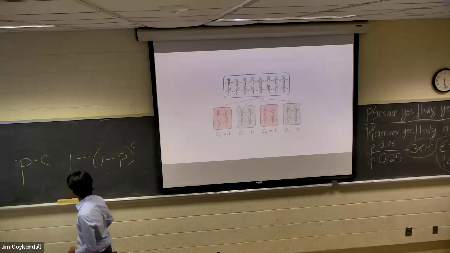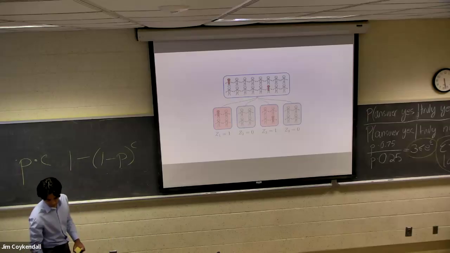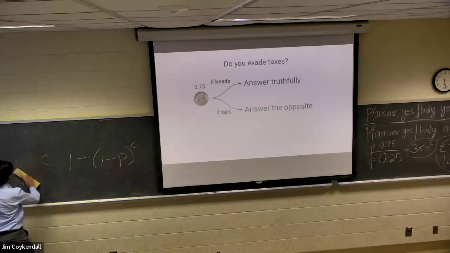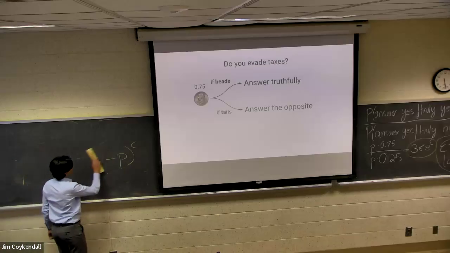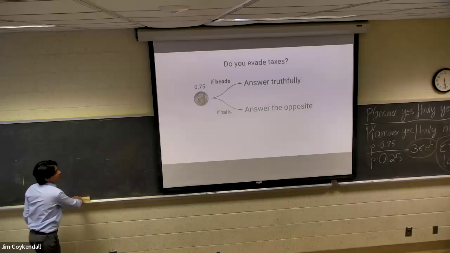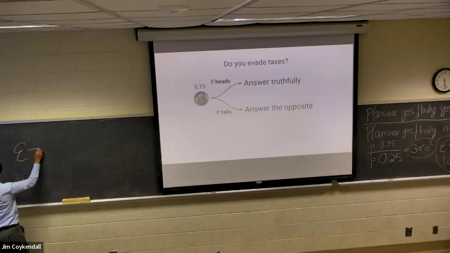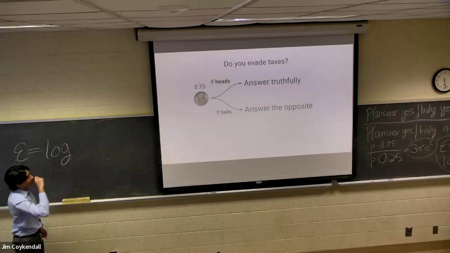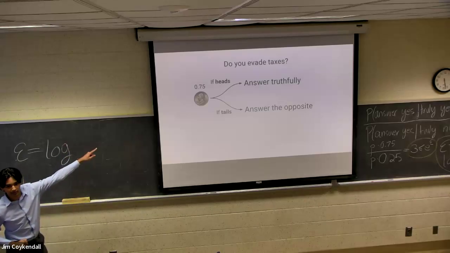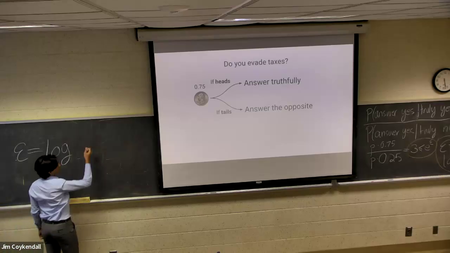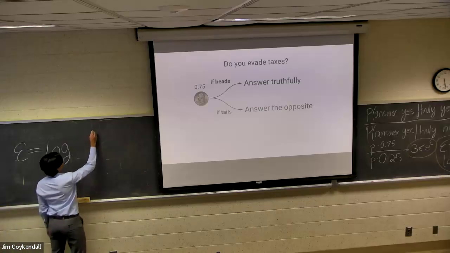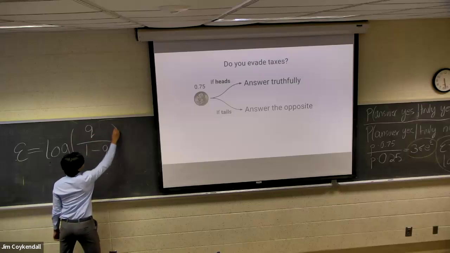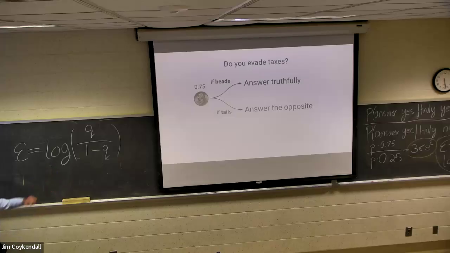In general, for this same scheme, if instead of 0.75 I have something else, let's say P is the probability of flipping. Let's call it Q actually, because we already had it. That's the differential privacy level you get with this.